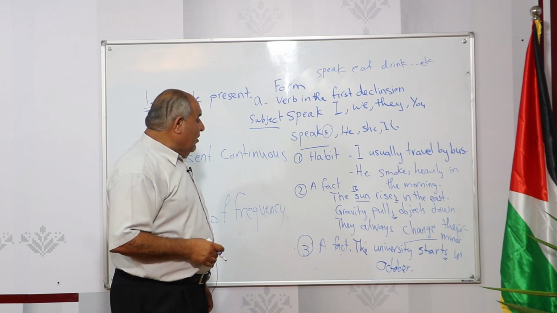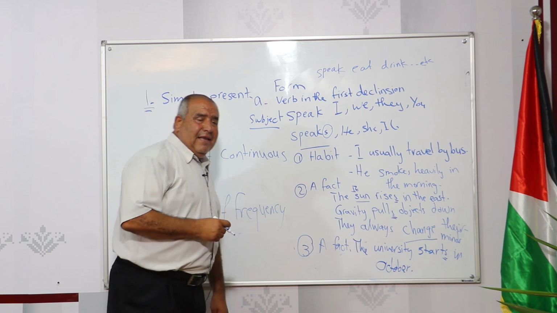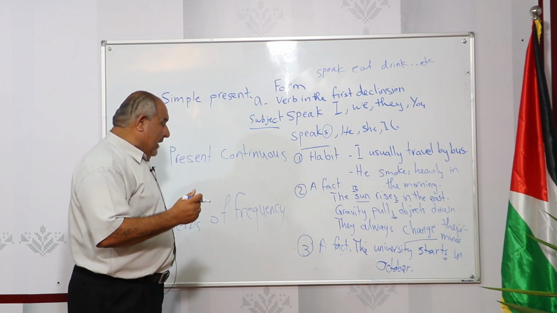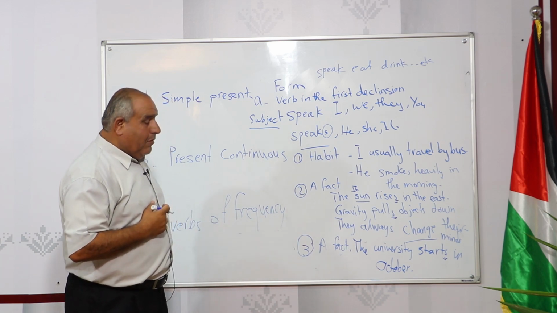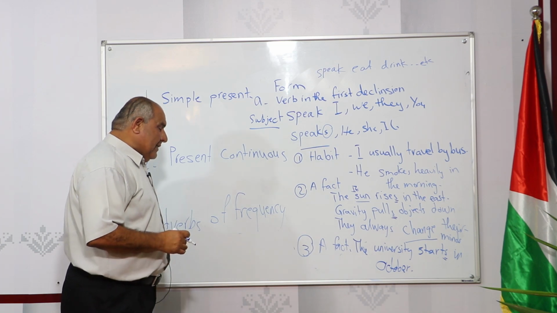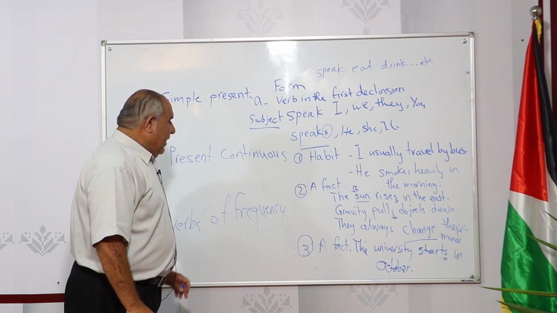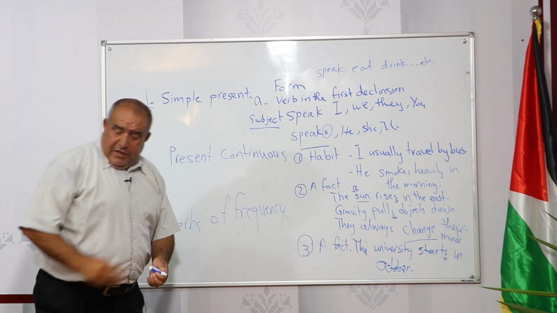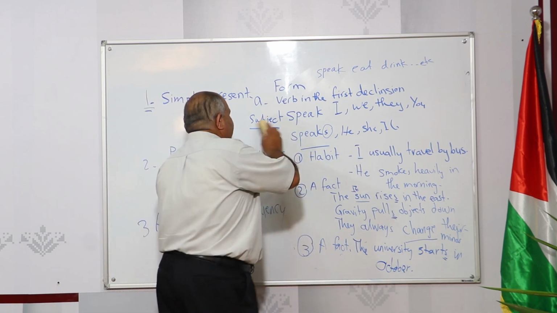In this case, we give examples of habits that occur again and again, like our example, the university starts in October, but possibly it might not, for special circumstances, it might not open in October. Okay, this is about the form and the uses of the present simple tense.